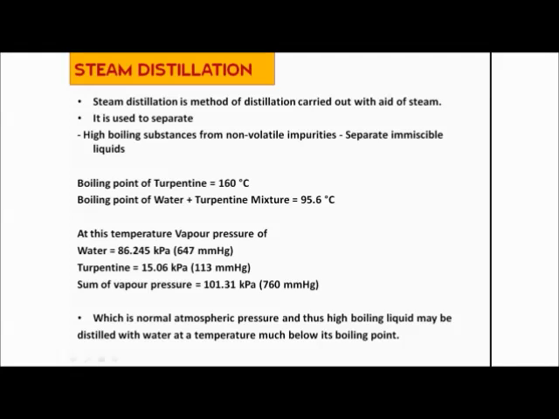See, here the temperature has come down to less than 100 degrees centigrade. As we all know, the boiling point of water is 100 degrees centigrade, but the mixture has a boiling point of 95.6 degrees centigrade, less than that of the boiling point of water.